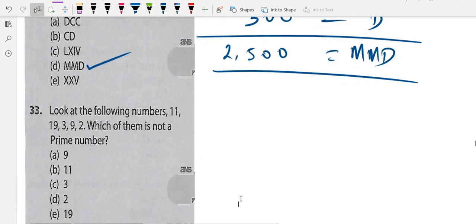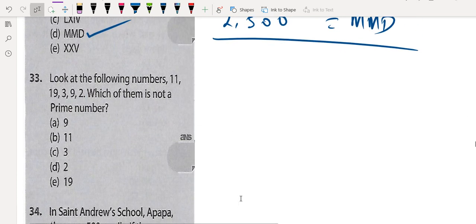Look at the following numbers: 11, 19, 3, 2. Which of them is not a prime number? 9.